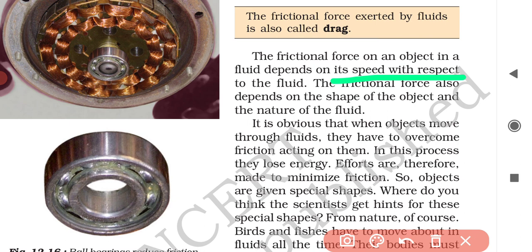Next, it depends on the shape of the object. And the last one, it depends on the nature of the fluid. Clear?